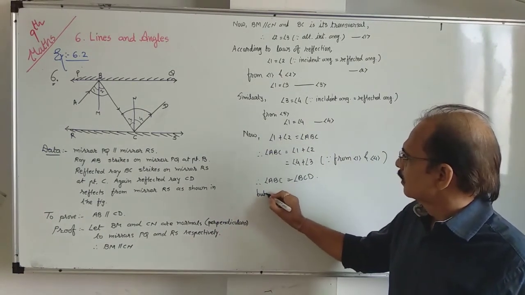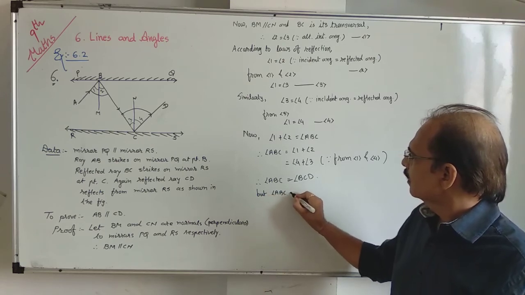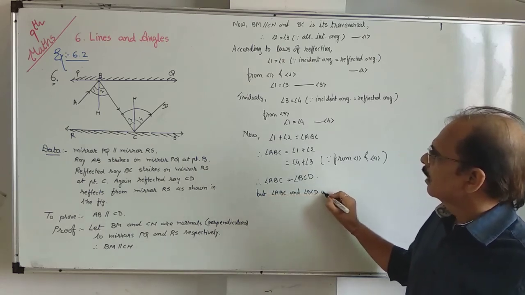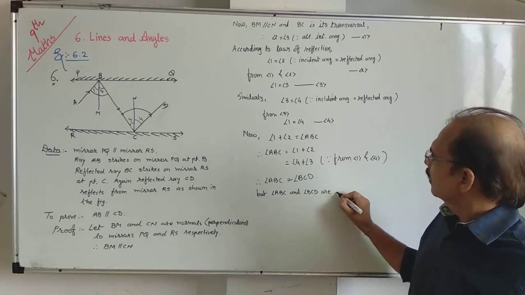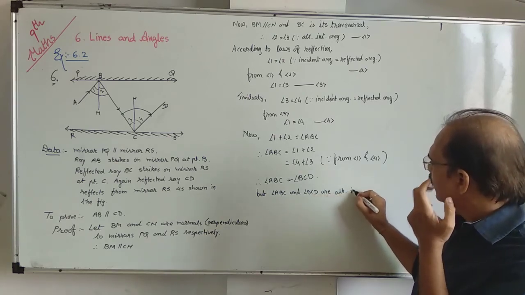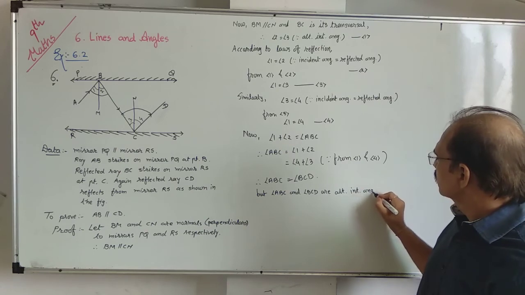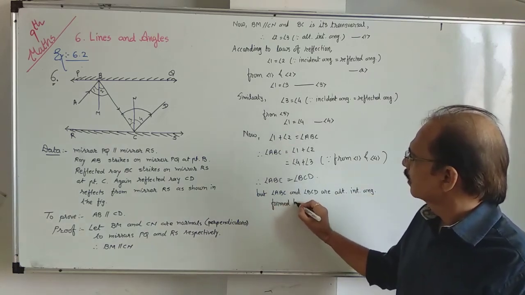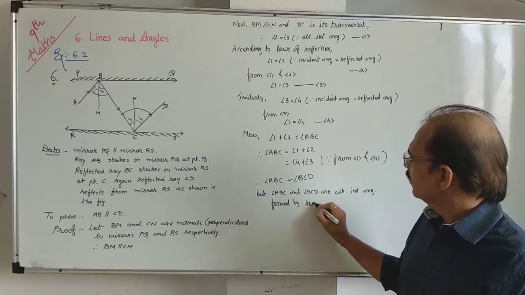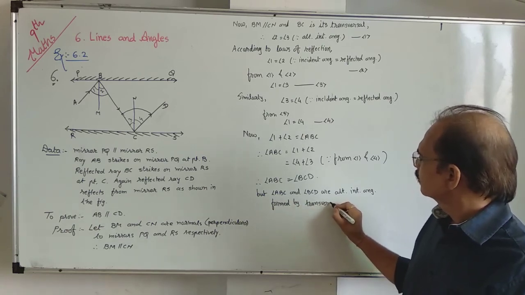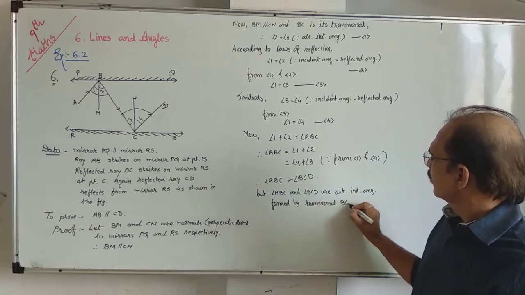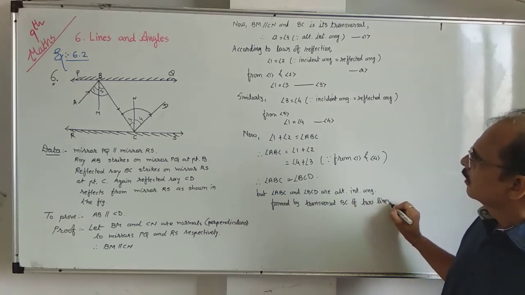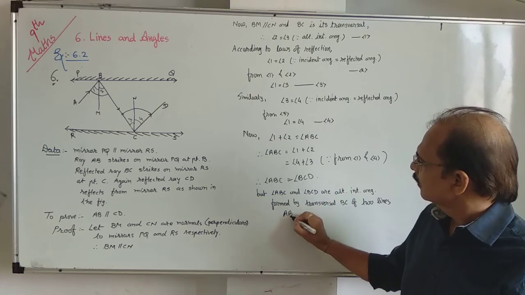But angle ABC and angle BCD are alternate interior angles formed by transversal BC of two lines AB and CD.